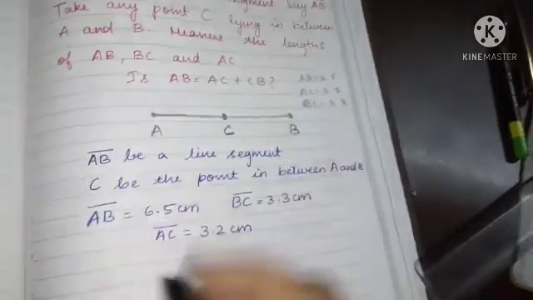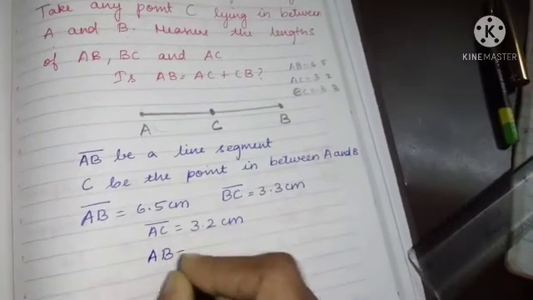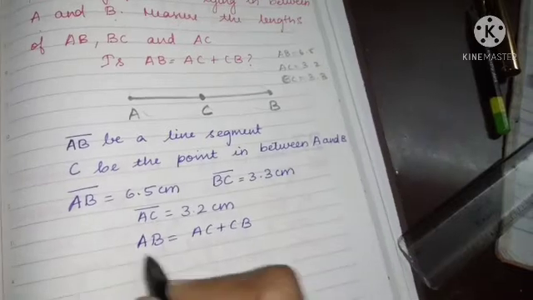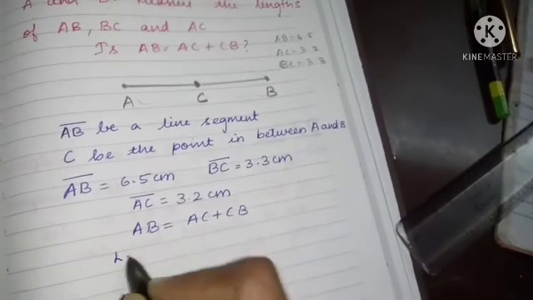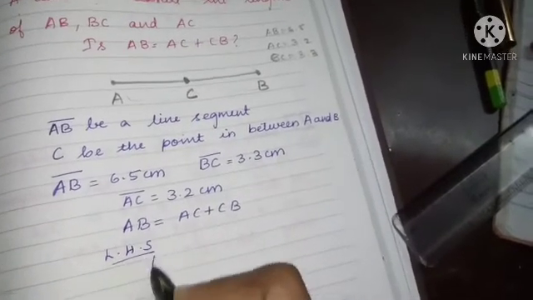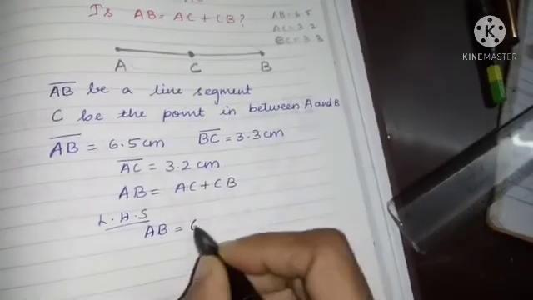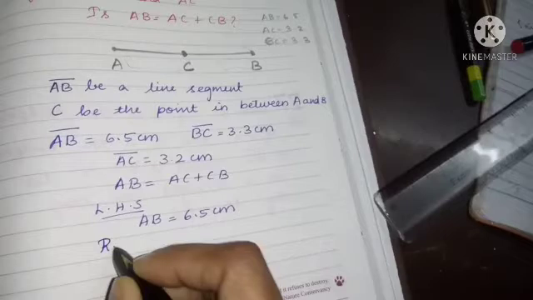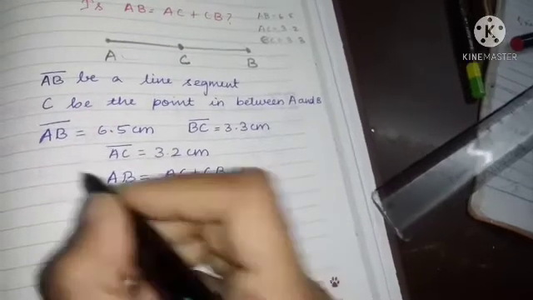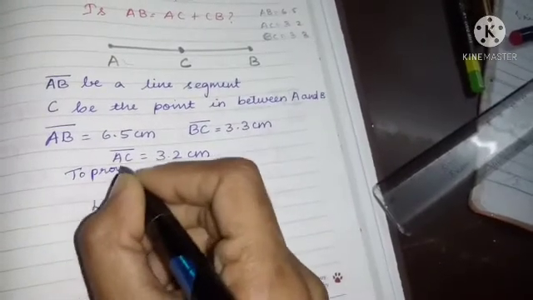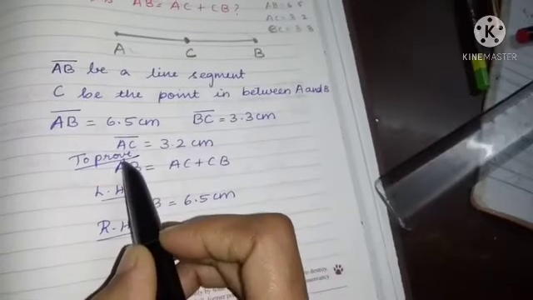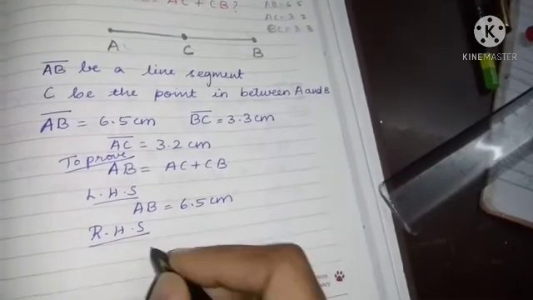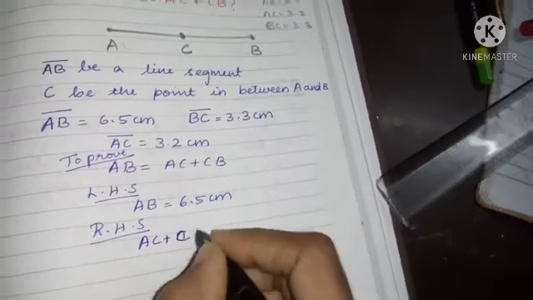They are asking whether AB is equal to AC plus CB. So I am taking the LHS, which is AB, and its length is 6.5 centimeter. For the RHS, I have to prove it, so I am writing to prove. RHS is AC plus CB.